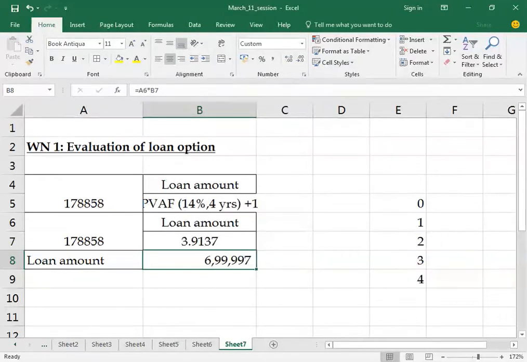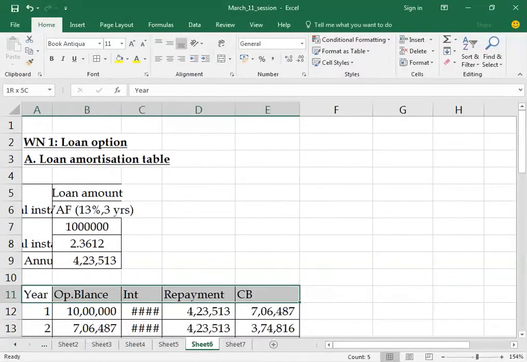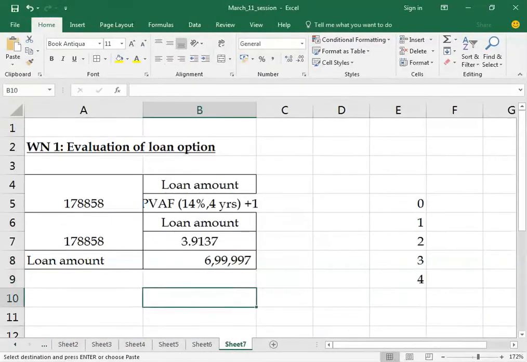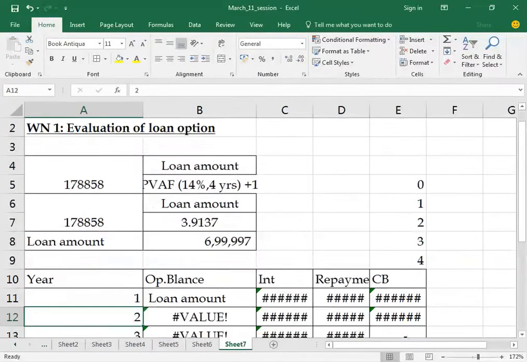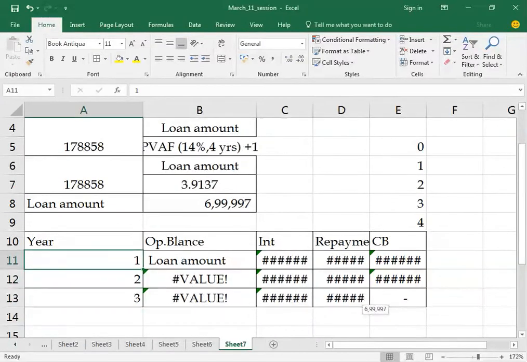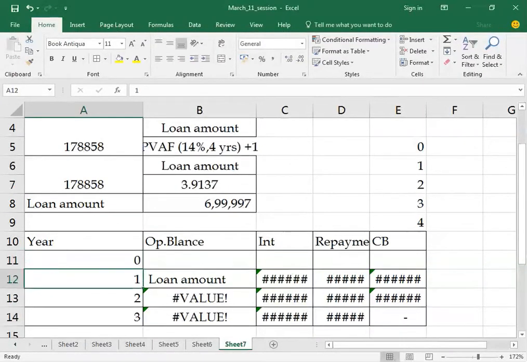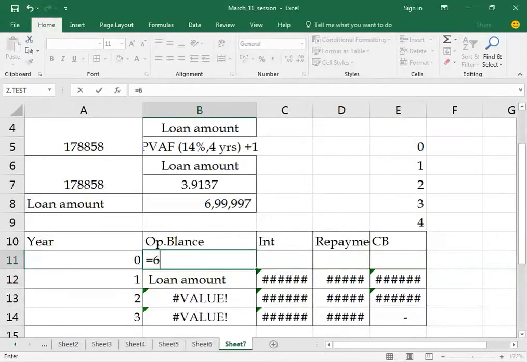6,99,997. I don't want to write anything. After this we'll have to prepare something called a loan amortization table. In this case it will start with year 0, and I'll take the figure as 6,99,998. Why I'm taking 998 is 24,998 is a salvage value, so if the rounding issue is not there, it will happen to be 6,99,998.